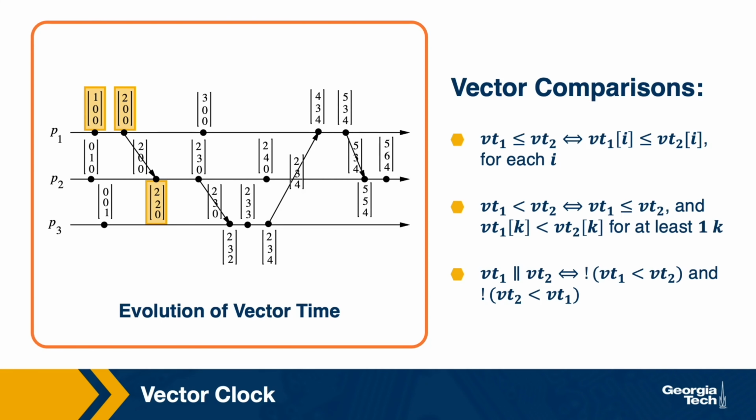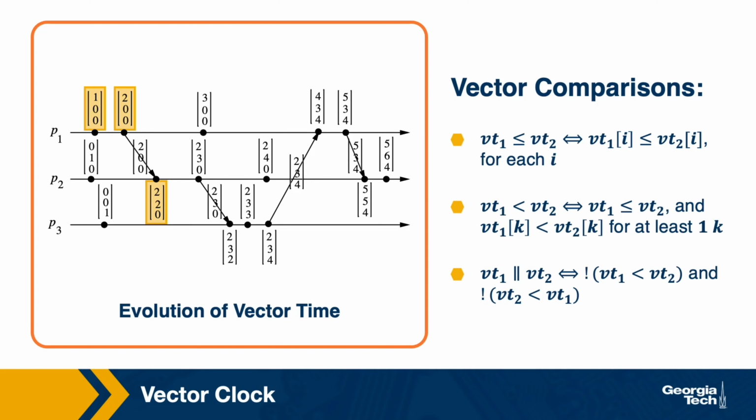When it received the message, it will update its values such that the timestamp corresponds to the maximum of each of the individual elements, but then it also has to update the second element of the vector clock because this is the receipt of the message event. So the vector timestamp at P2 at this point will be 220.